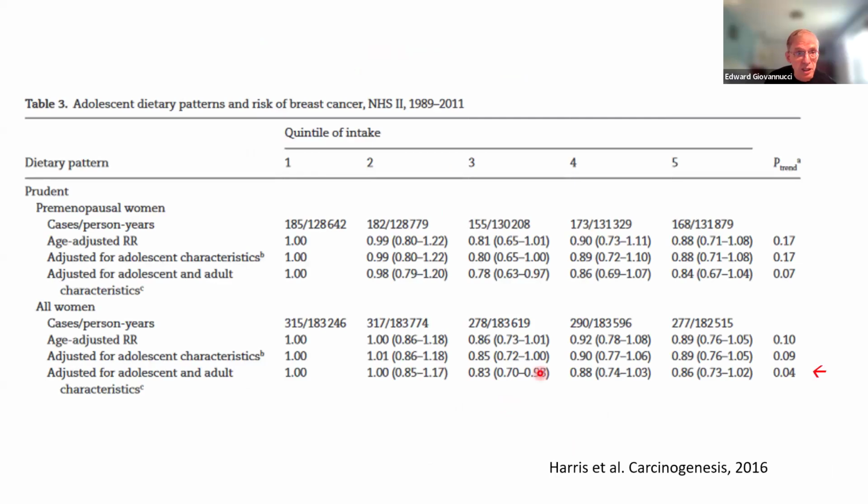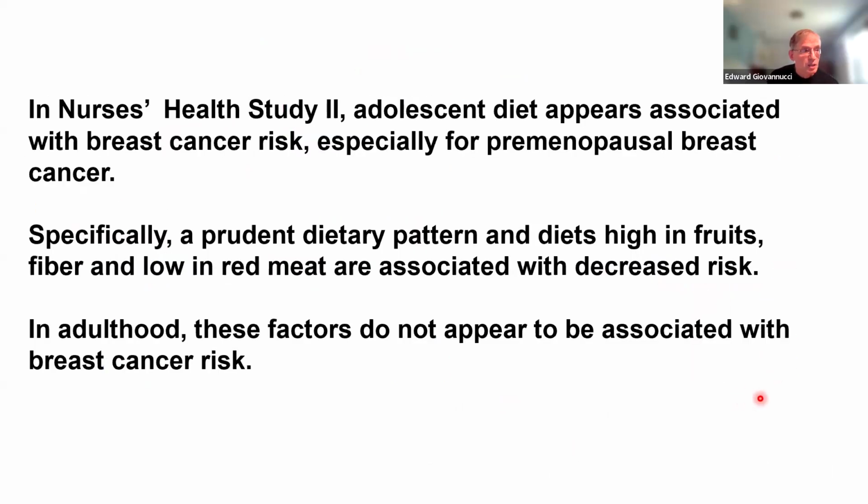And finally, these are adolescent dietary patterns. This is a prudent dietary pattern, and it shows for all women, probably driven mostly by premenopausal women, an inverse association. So in Nurses' Health Study 2, adolescent diet appears associated with breast cancer, particularly for premenopausal breast cancer.